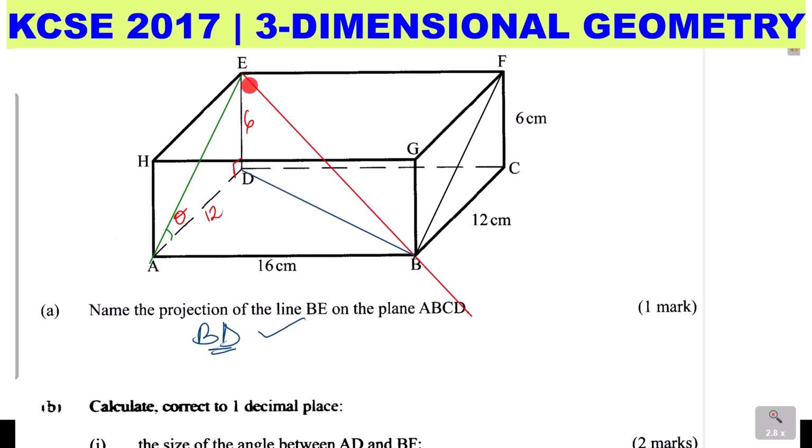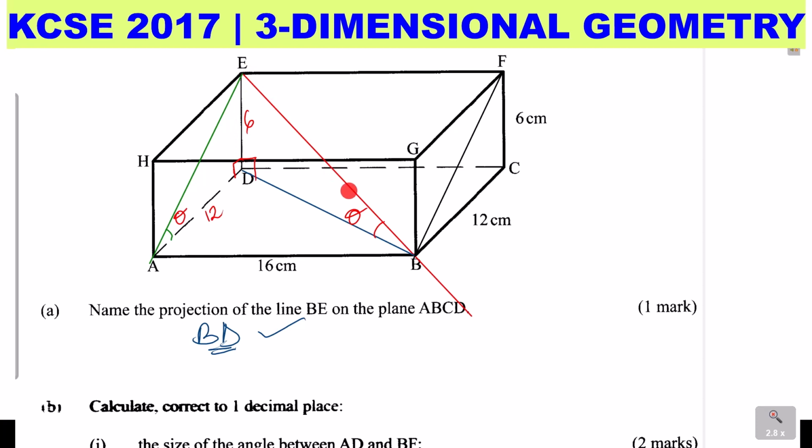So the angle between a line and a plane is given by the angle between that line, which is BE, and its projection, BD, on the plane ABCD. So the angle that we require is this angle that is here. And to get that, we are going to use this right angle triangle, triangle DEB.